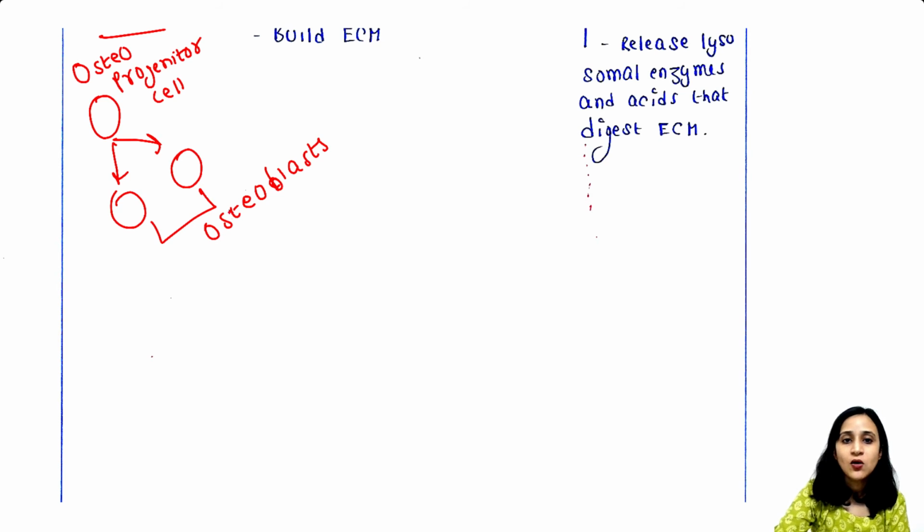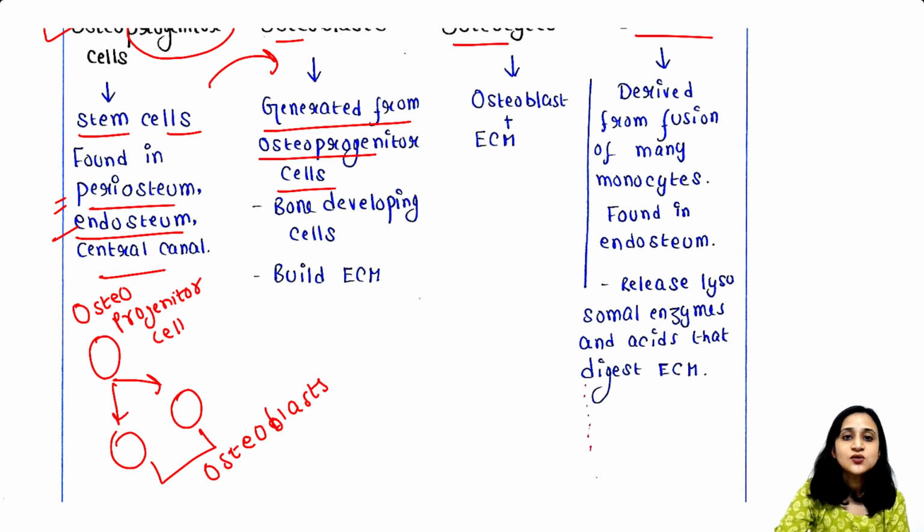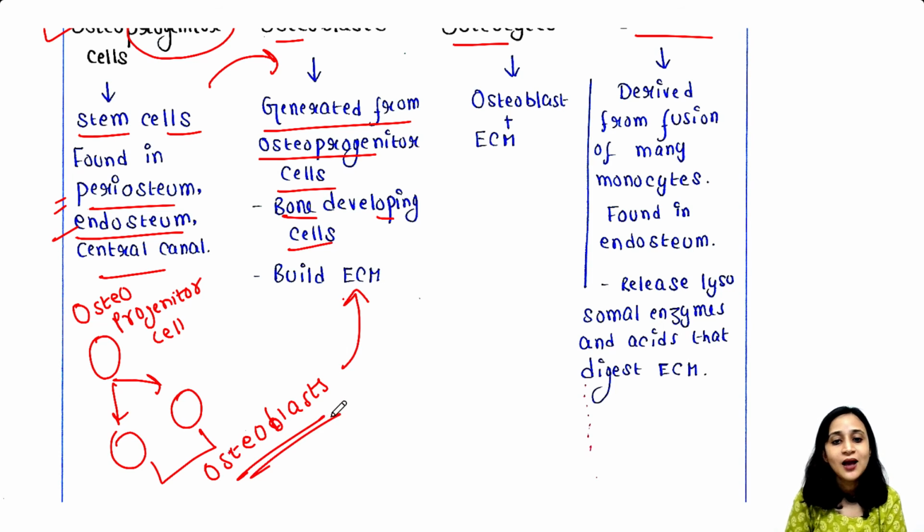So these 2 are osteoblasts. Okay, so osteoblasts are generated from osteoprogenitor cells, and these osteoblasts are bone developing cells because they synthesize and secrete extracellular matrix, and osteoblasts develop bone.